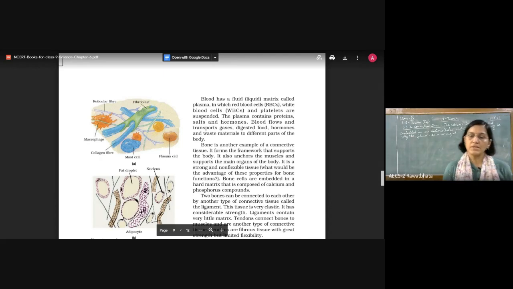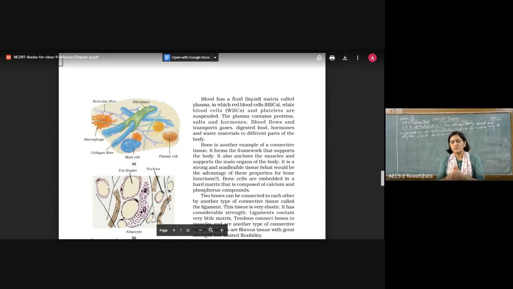Blood basically is a fluid connective tissue, and we have covered that blood basically carries all the good things and the bad things, meaning digested food, amino acids, glucose, water, and of course the waste products like urea. Transportation is one of the major functions.